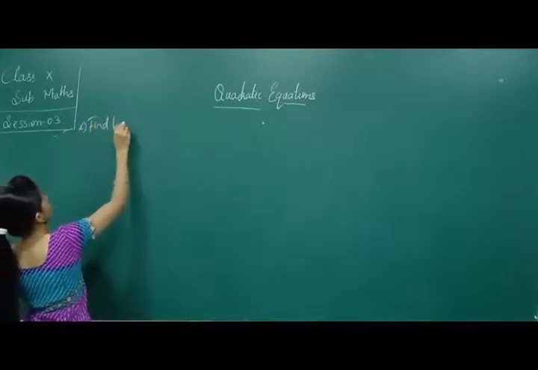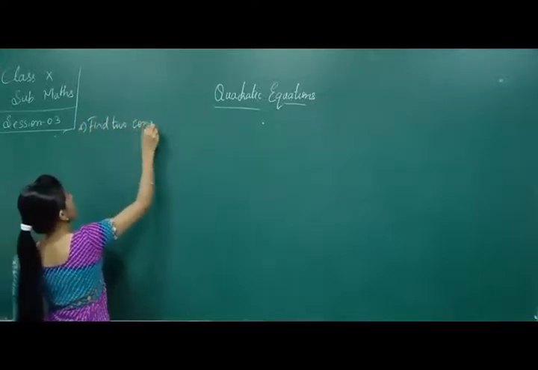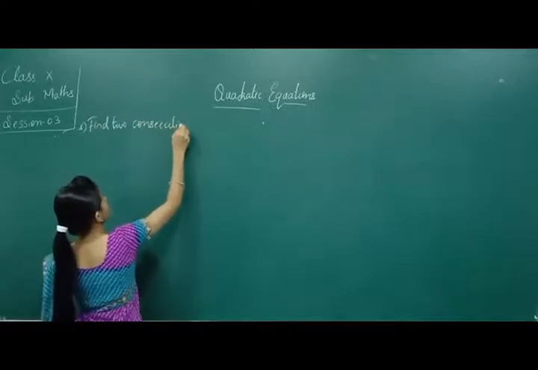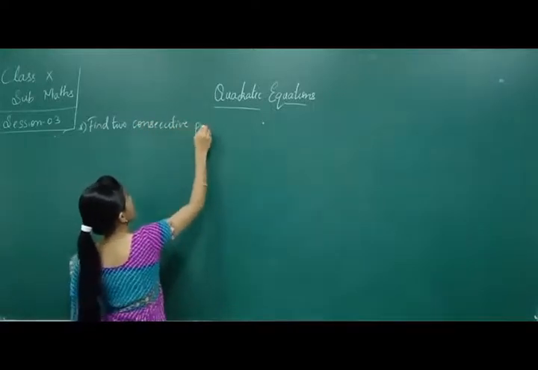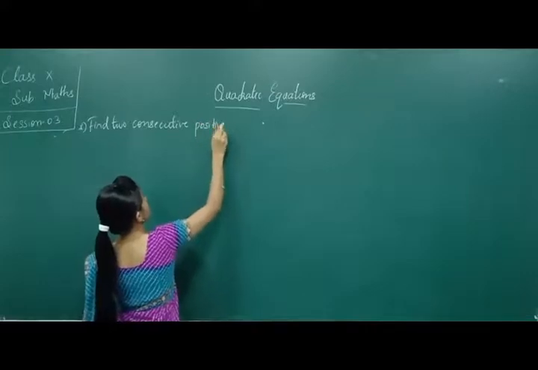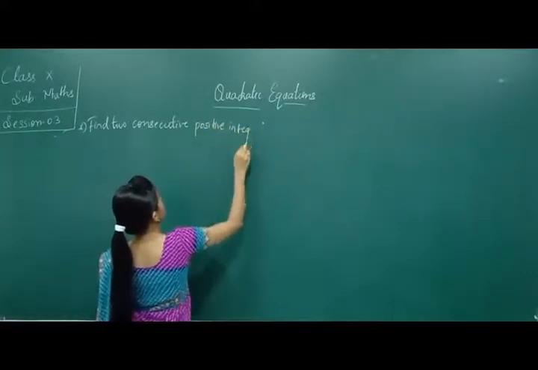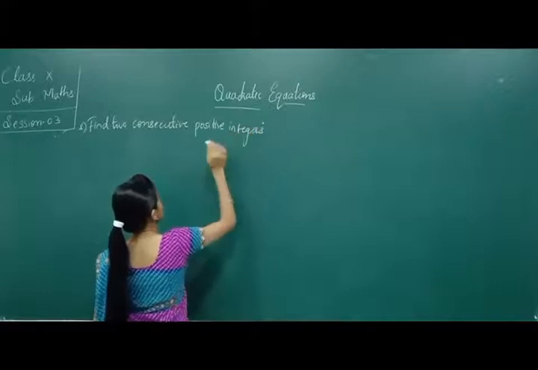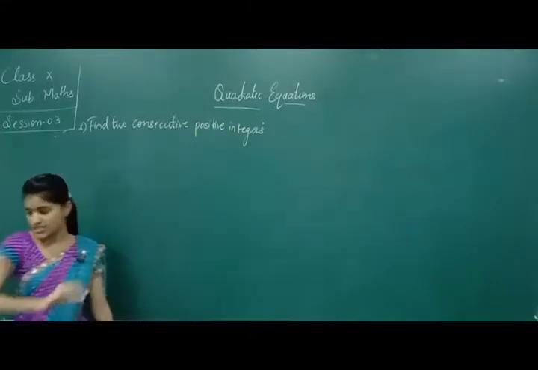Find two consecutive positive integers. How are those two positive integers?